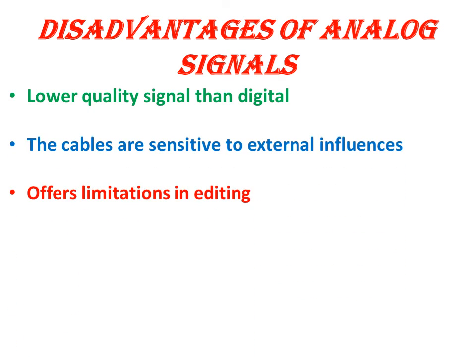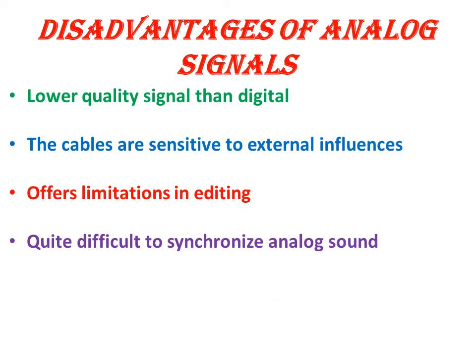It is quite difficult to synchronize analog sound, and data can become corrupted. Digital sounds can only approximate an analog sound wave, which means that we can't get a perfect reproduction of a sound. It offers poor multi-user interfaces. So these are a few disadvantages of analog signal.